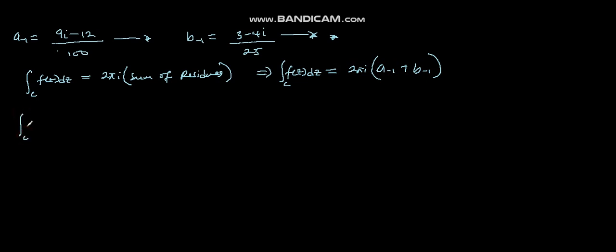So we are going to have that to be 2 pi i into, here we have 9i minus 12 divided by 100, then this is plus, and here we have 3 minus 4i divided by 25.